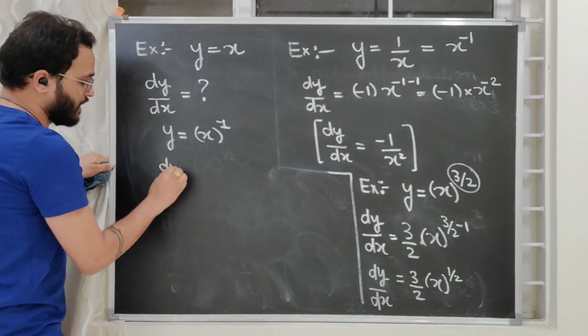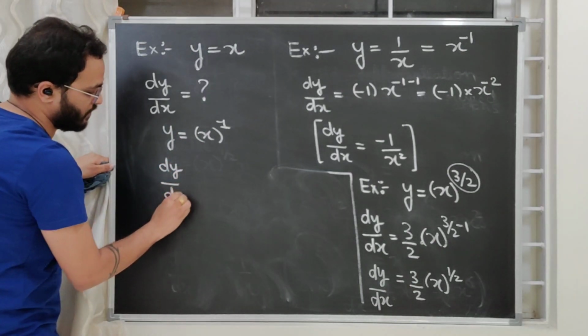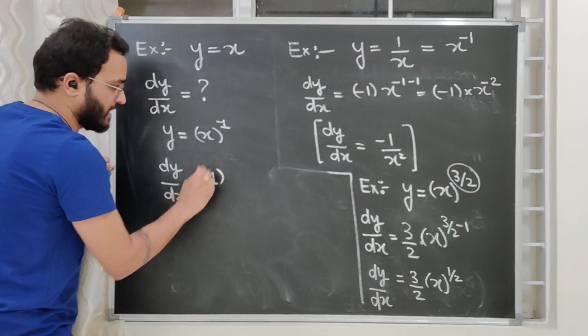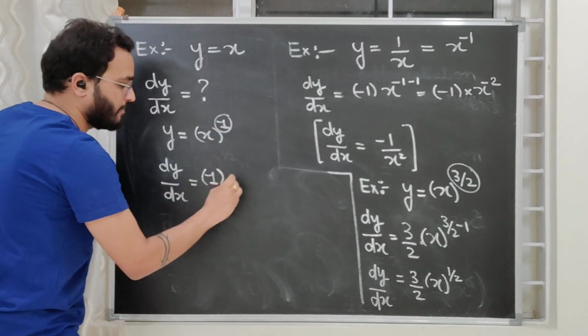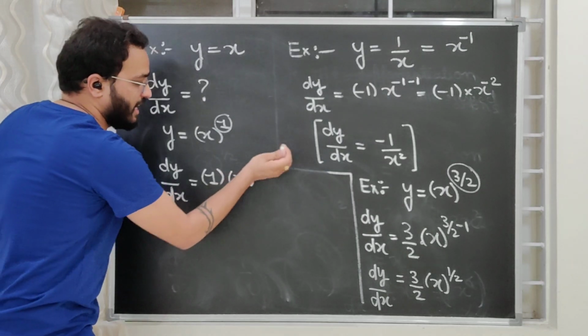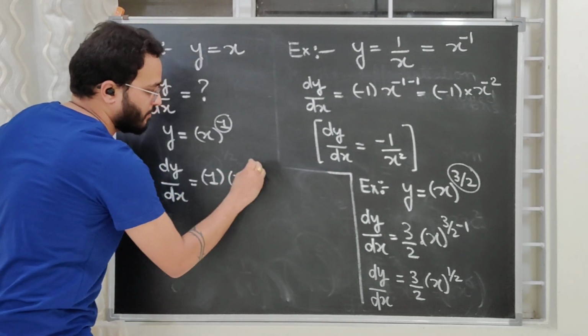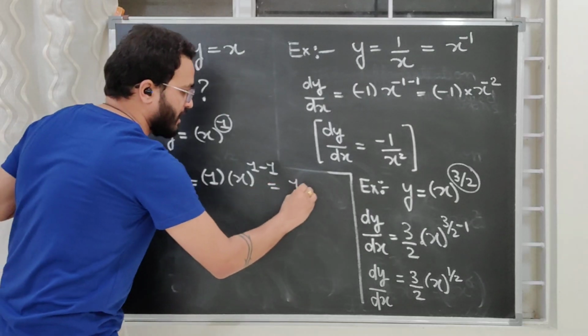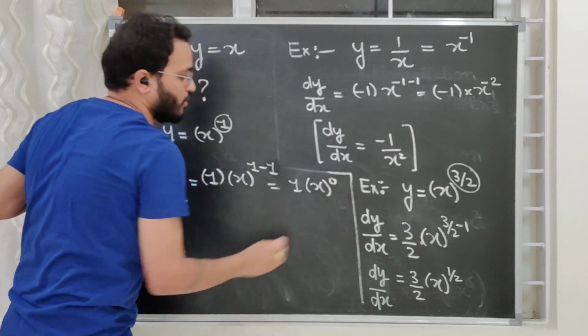Now when you differentiate dy by dx, 1 will be brought as coefficient here because it acts as n here. This 1 will act as n into x to the power n minus 1, if you remember. So 1 minus 1 will become 1 into x to the power 0.